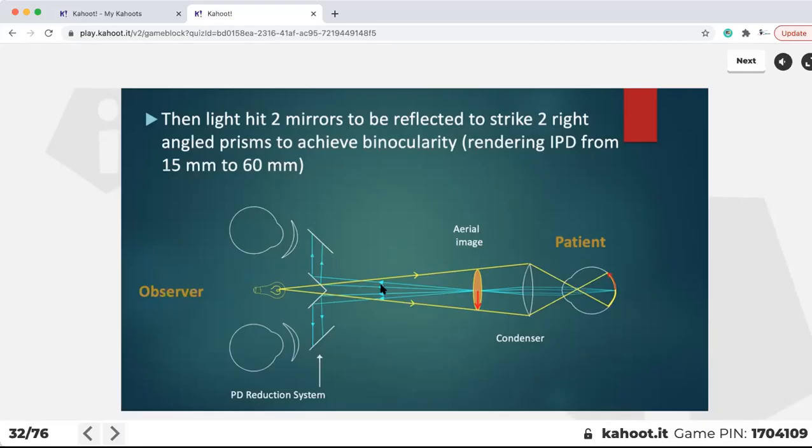First of all, the light will hit the mirrors. These two mirrors reflect it to the right-angled prism, which is responsible for shifting the light 90 degrees by total internal reflection in order to enter the eye.